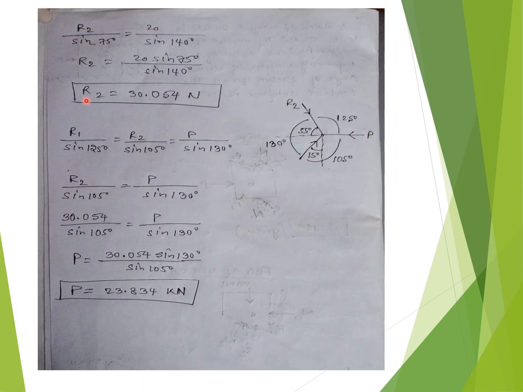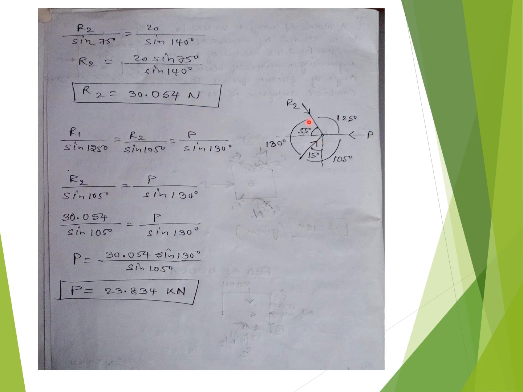Next we calculate R2 by sine 75 degree equal to 20 by sine 140 degree. R2, we find with the help of a calculator, and we got the actual result 30.054 kN.